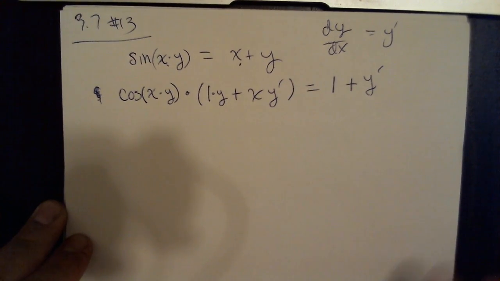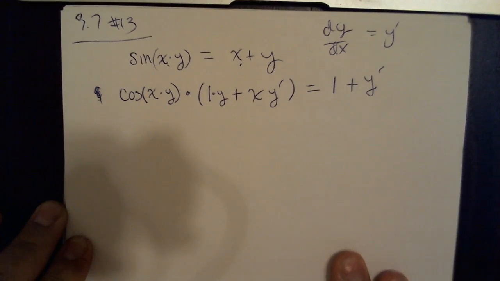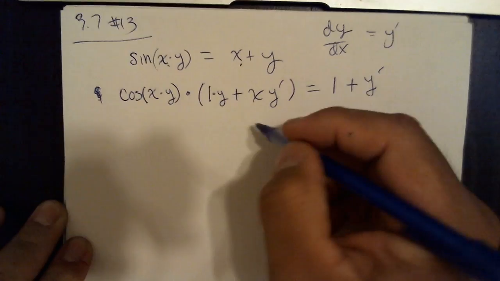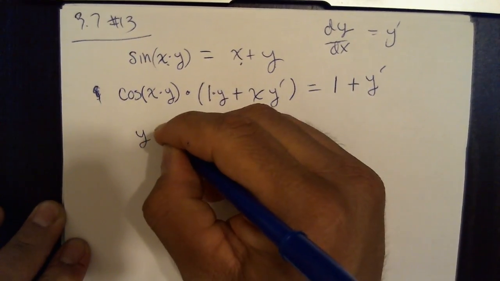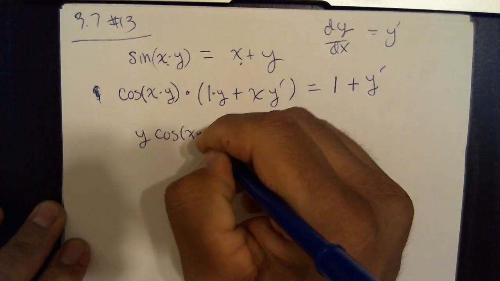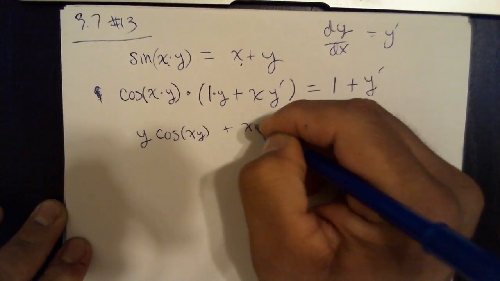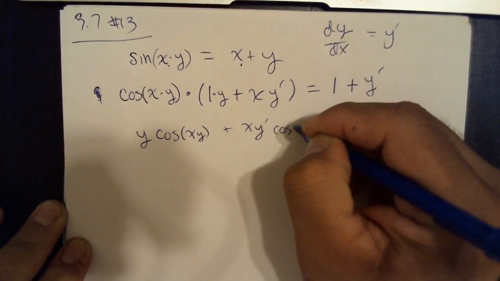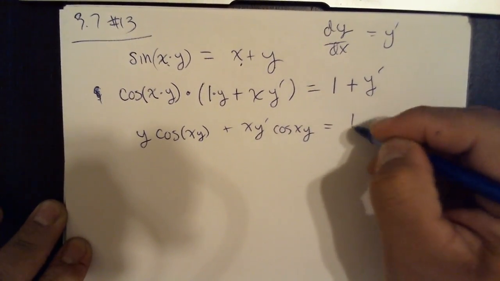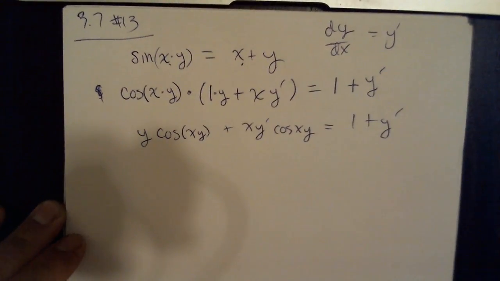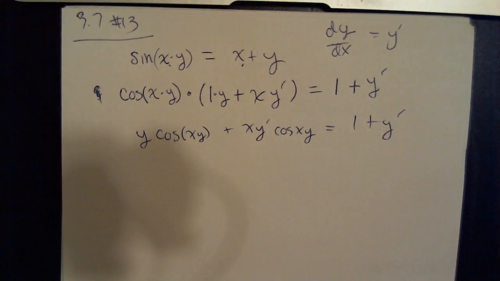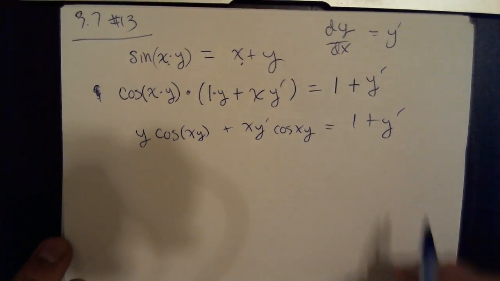Okay, and now I have to solve for y prime. So what I'll do here is distribute. I'll get y cosine of xy plus x y prime cosine of xy equals 1 plus y prime. Anything that has a y prime, I'm going to bring to one side.